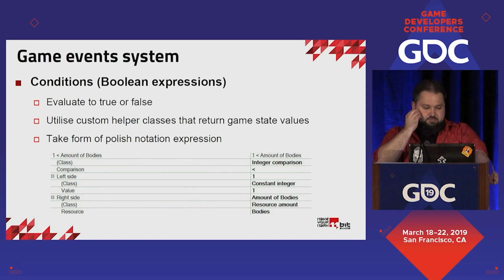For example, here we've got an integer comparison of 1 and amount of bodies. The comparison is lesser than, and the left side is configured as a constant integer with a value of 1, and the right side is that helper class that I mentioned. It is checking for a resource, in this case, bodies, Grim.